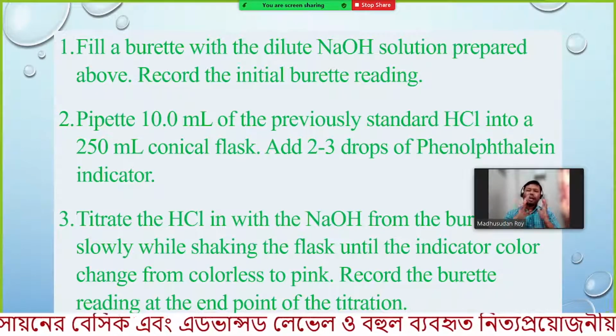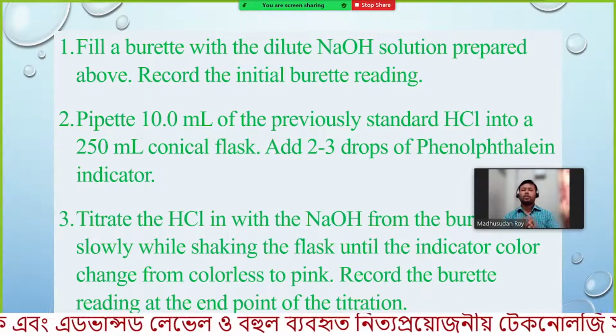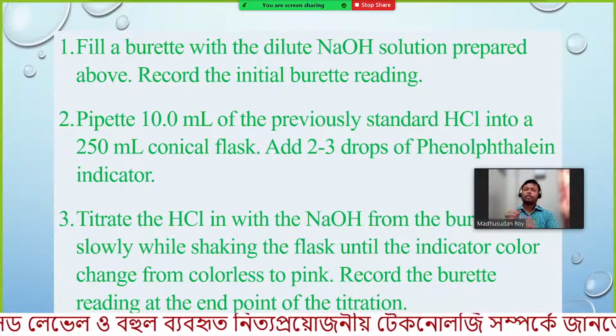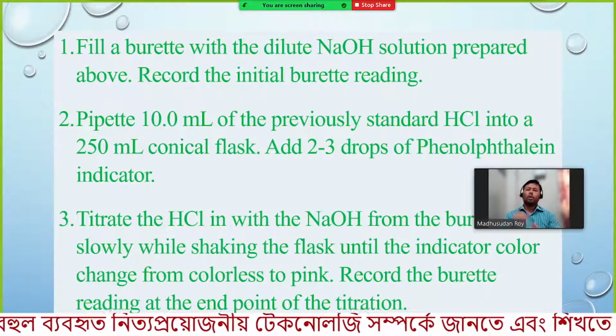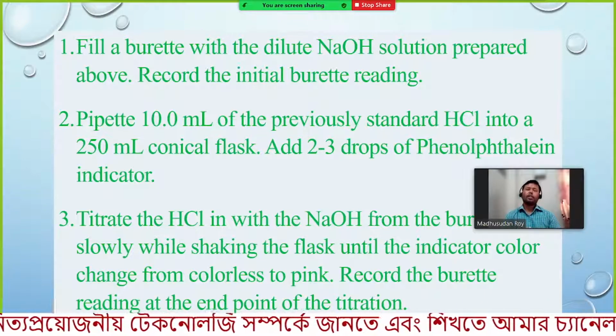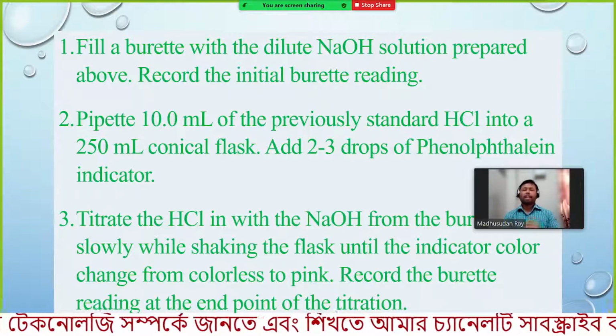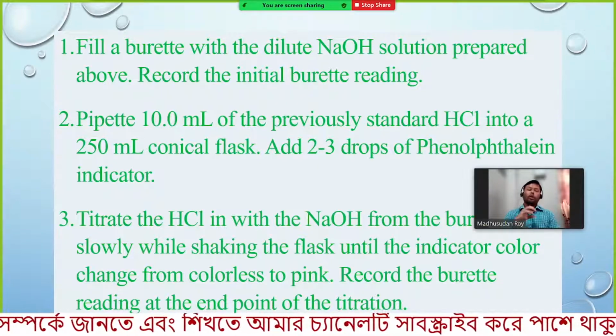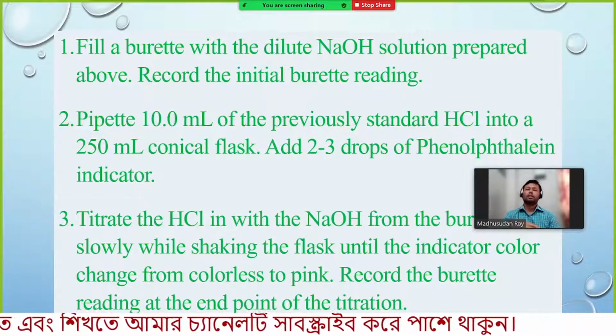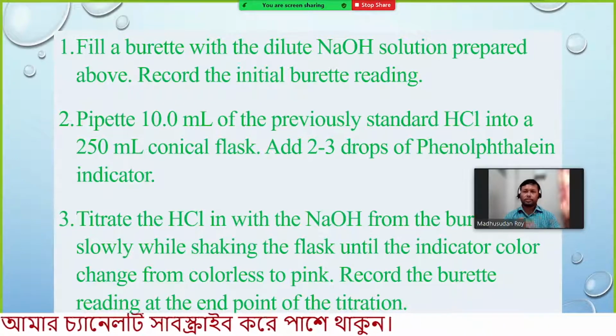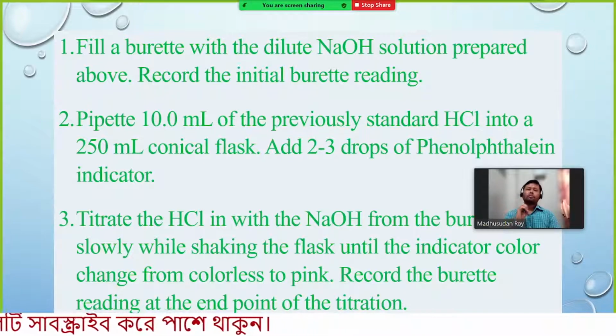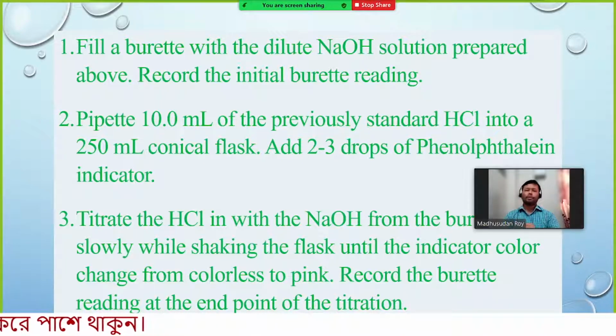For any apparatus, like a conical flask, volumetric flask, beaker, pipette or burette, if you have already used other chemicals, you always need to follow this method. Wash your apparatus with distilled water, then rinse several times with the solution you want to add into the apparatus. Therefore always follow this method.